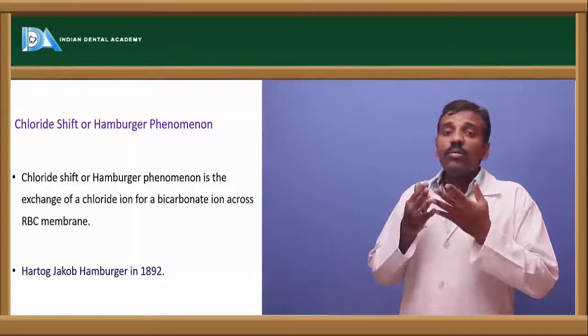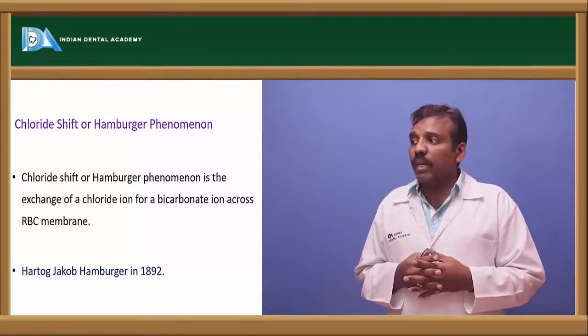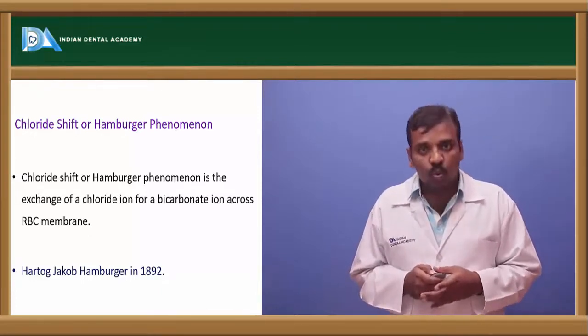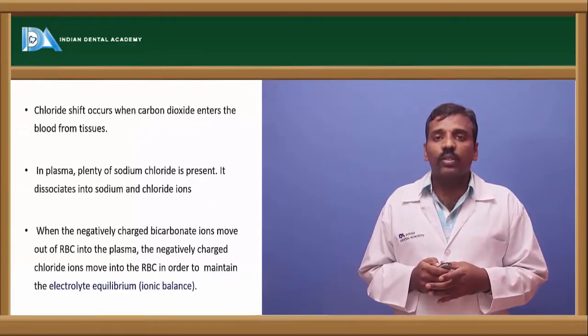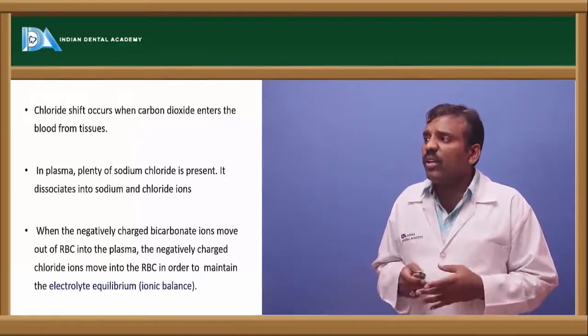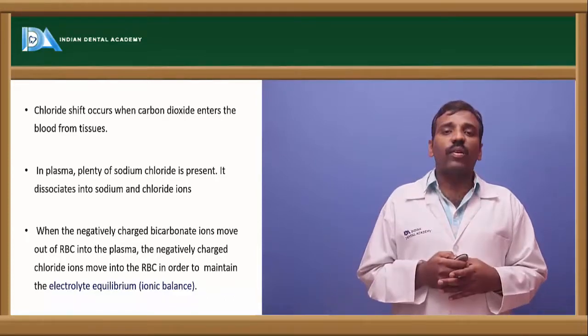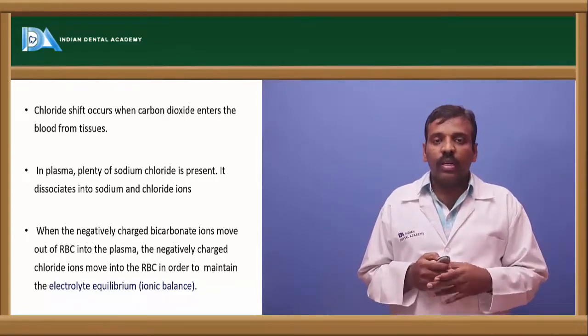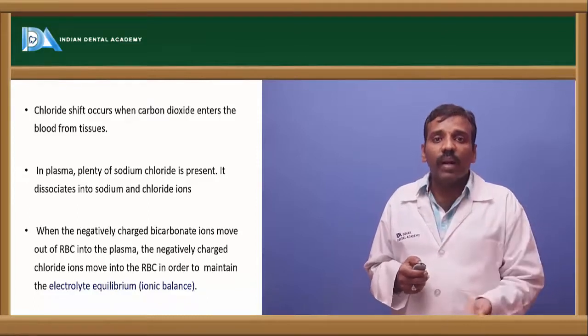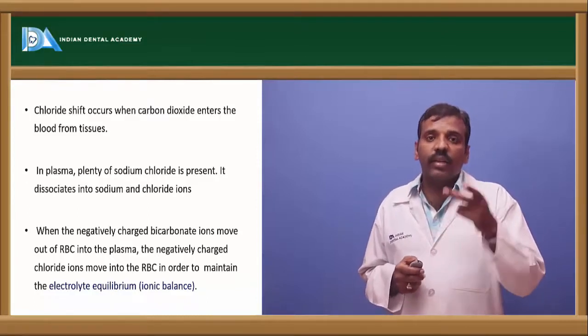This was proposed by Hamburger in 1892. This is what the chloride shift is. And this chloride shift occurs when carbon dioxide enters the blood from the tissues. Carbon dioxide enters into the blood from the tissues, and immediately there is a chloride shift.